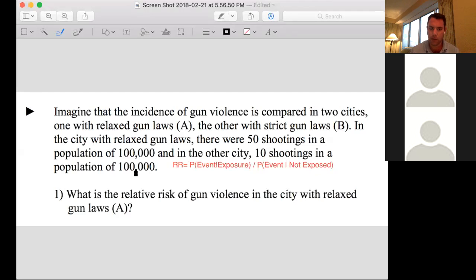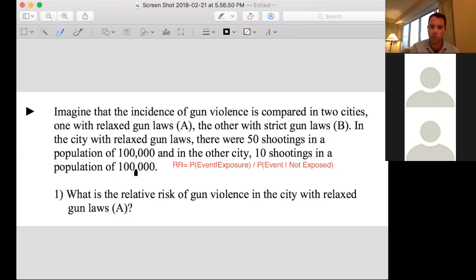And what does that calculate down to? Yep, that's absolutely right. So you got the relative risk, which is equal to 5.